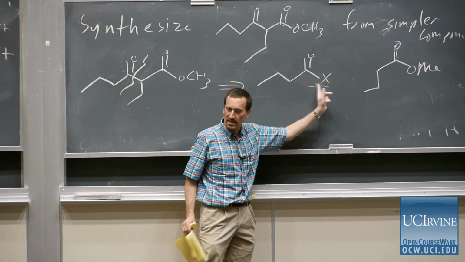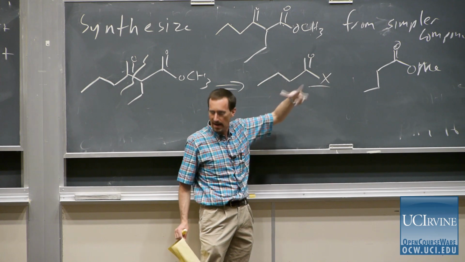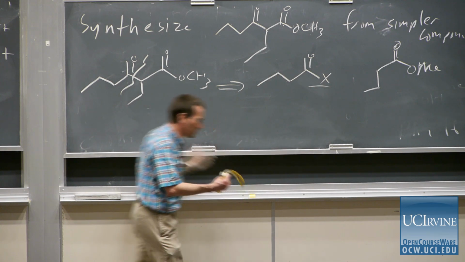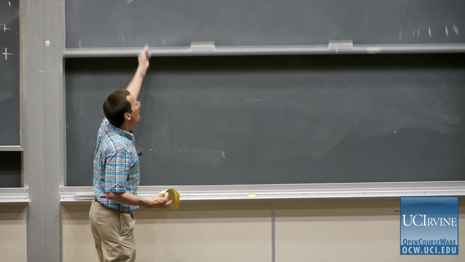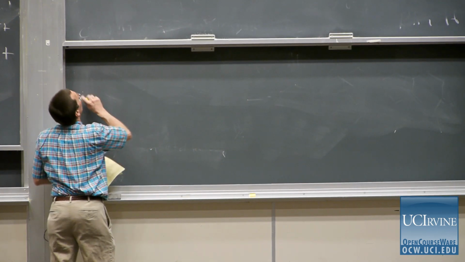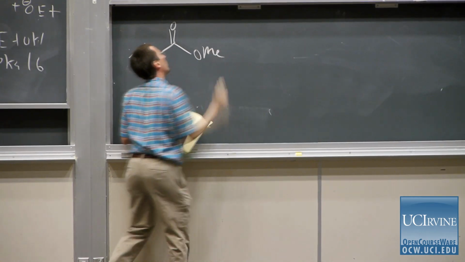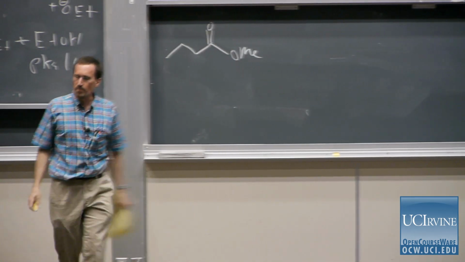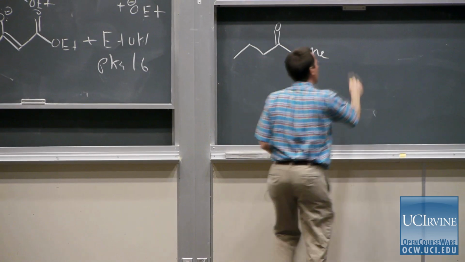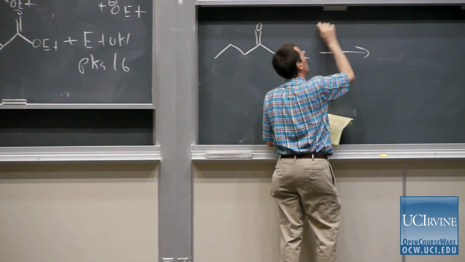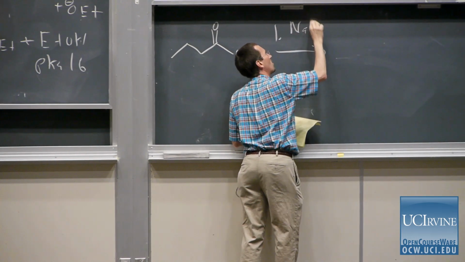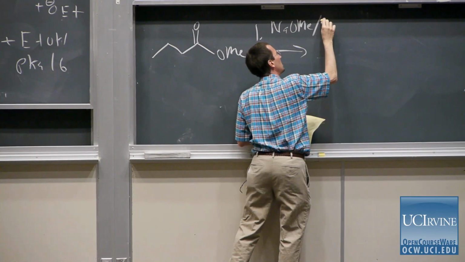And then I'll look and say, oh, okay, wait a second. These two are the same thing. They're both 4-carbon carboxylic acid family compounds. And so I'll say, all right, I've got a synthesis of this. We've been talking about Claisen chemistry. I'll just take methyl butanoate, treat it with, oh, it's a methyl ester. I better use sodium methoxide and methanol so I don't transesterify.